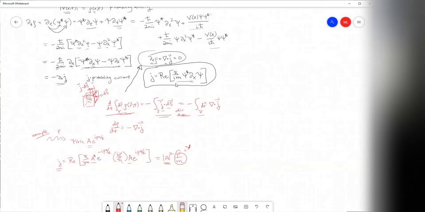You see, the nice thing about this, I didn't say, is that I can use a stationary solution for psi that doesn't depend on time to calculate this current, because the current only depends on spatial derivatives of the wave function.